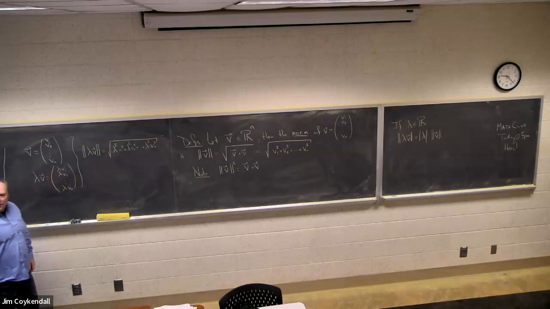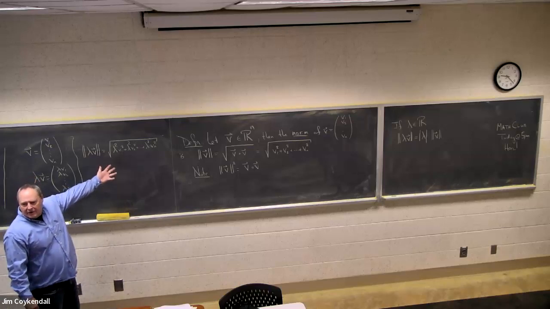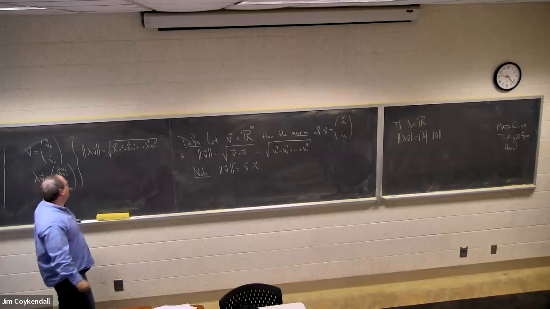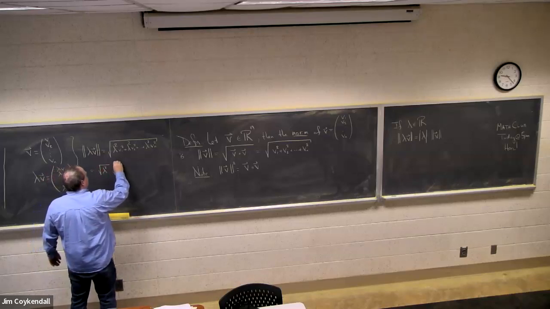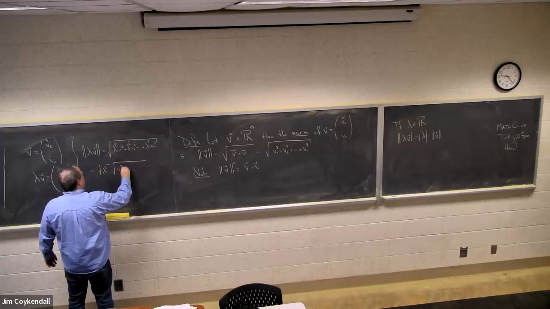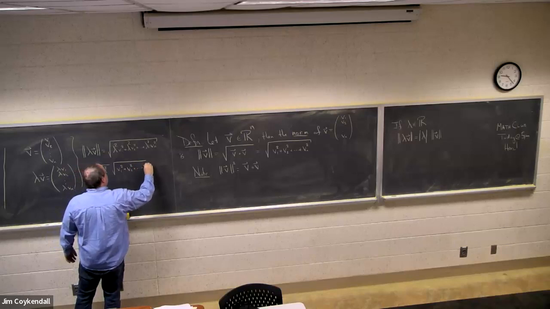Everybody agree with that? Square all those, add them up. Now, everybody see that this has a common factor of lambda squared that I can pull out. And so this is the square root of lambda squared times the square root of b1 squared plus b2 squared plus up to bn squared.